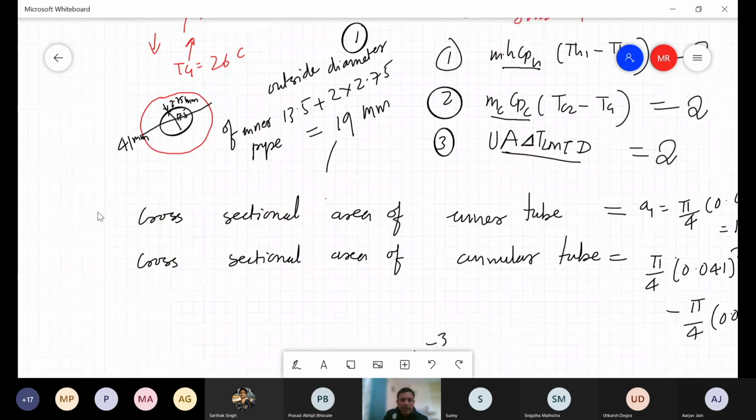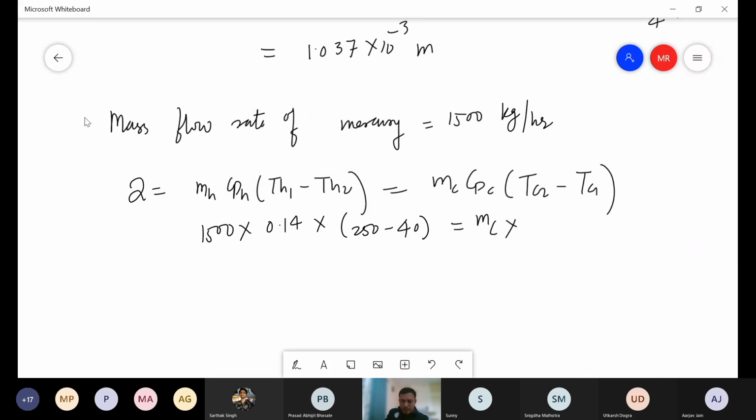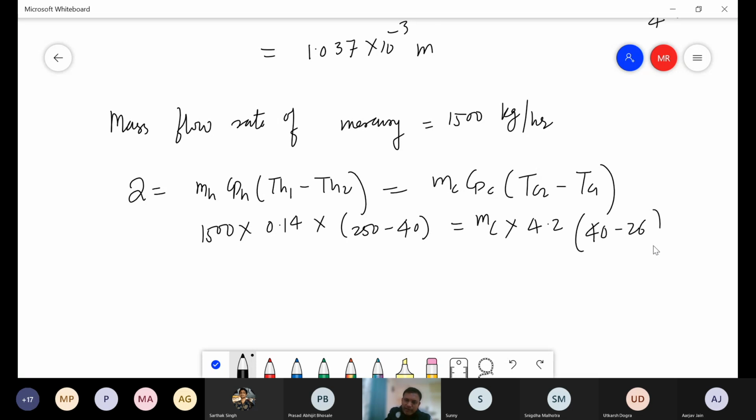So we can put it here. We can write 4.2, and this temperature difference is what? 40 minus 26, isn't it?